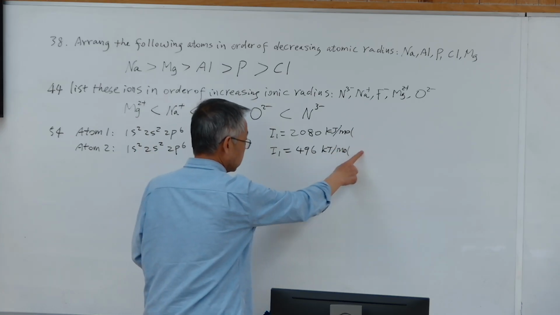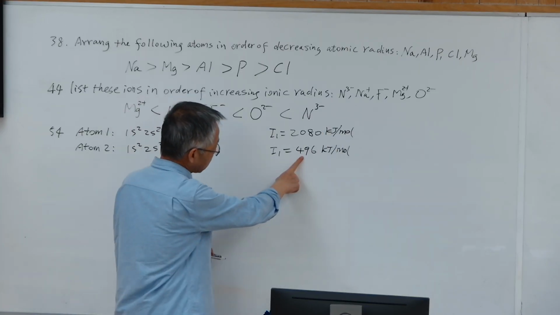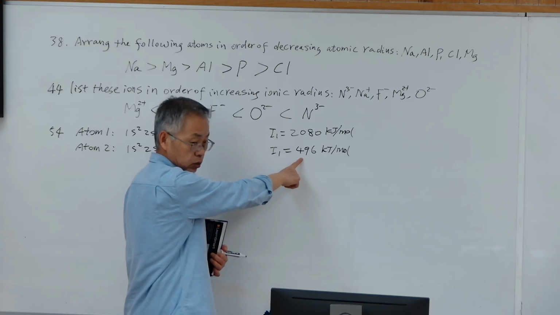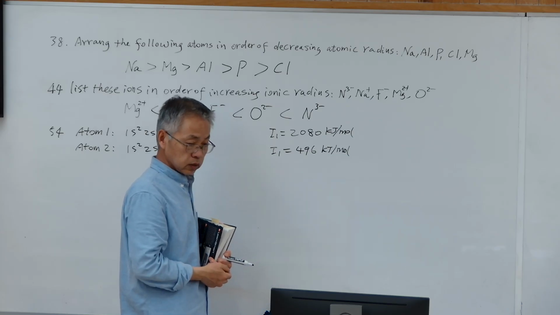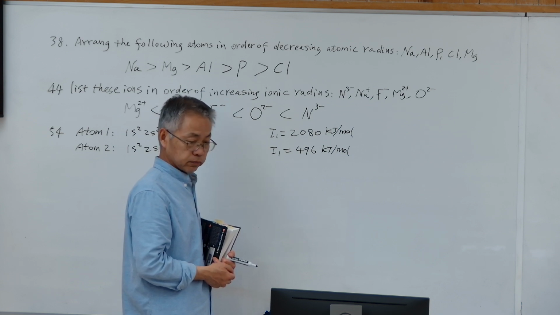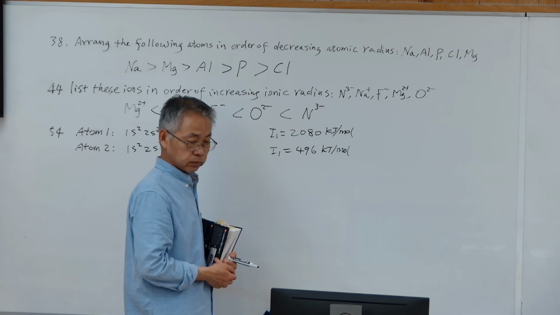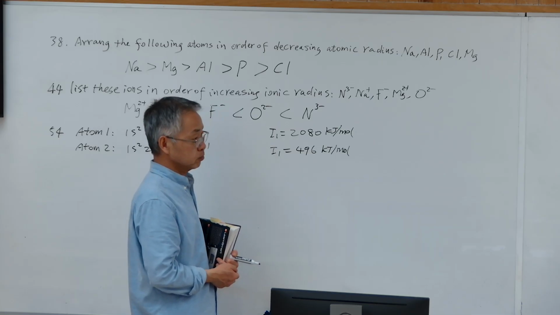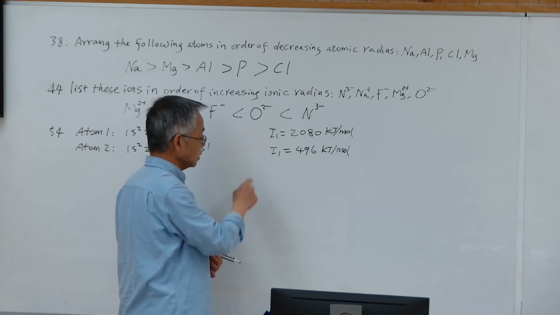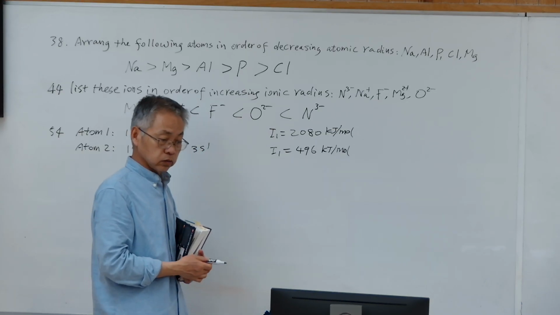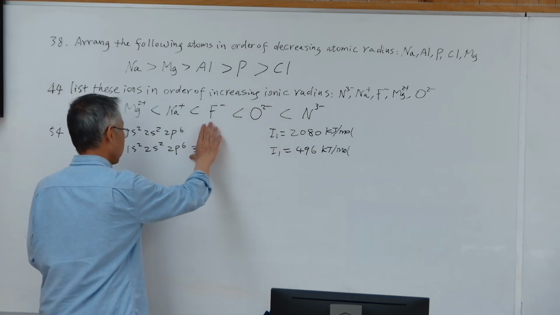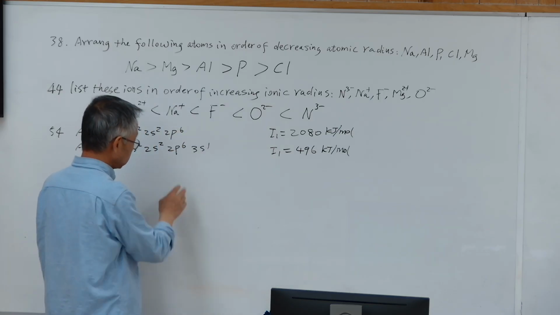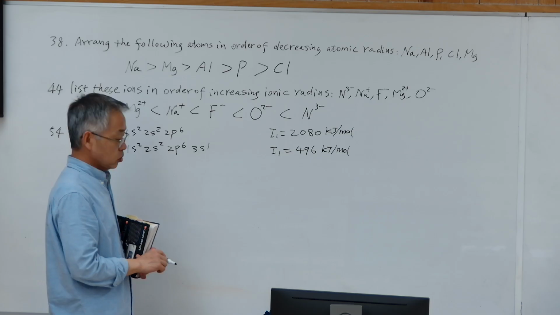And what does this number tell us? Smaller ionization energy means it is easier to remove an outer electron from that atom. In other words, that atom is active, easily loses electrons. Higher ionization energy means not easy to lose electrons. Maybe it wants to gain electrons. Then which electron configuration tells you that one easily loses electrons?